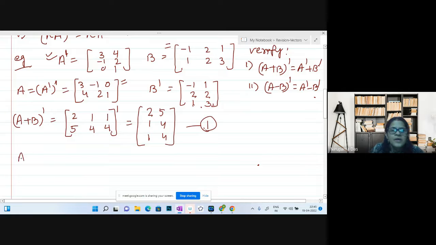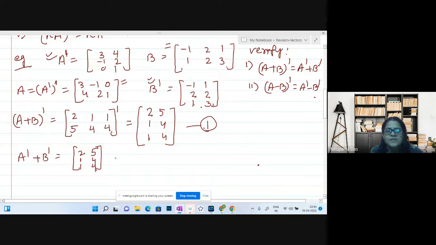Now A transpose plus B transpose. A transpose is given to us already: 3, 4, minus 1, 2, 0, 1. B transpose is here. So 3 minus 1 is 2, then 4 plus 1 is 5, then minus 1 plus 2 is 1, 2 plus 2 is 4, then 0 plus 1 is 1, 1 plus 3 is 4.